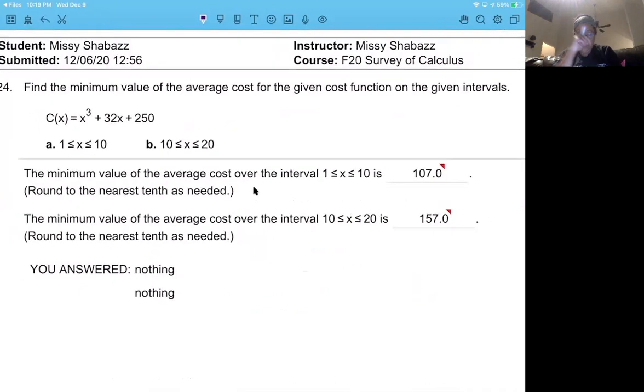All right, so this one says find the minimum value of the average cost for the given cost function on the given intervals. They gave us the cost function. We need to find the average cost function.